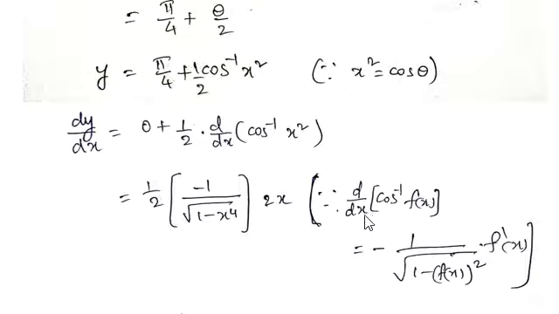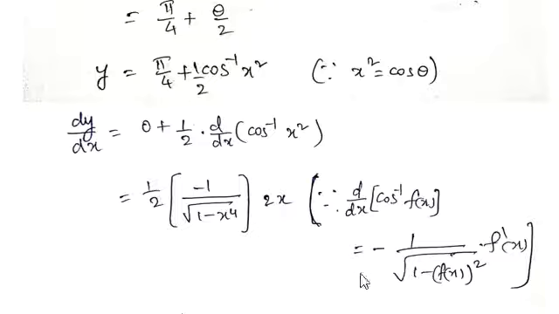So we know d by dx of cos inverse of f of x is minus of 1 by under root of 1 minus f of x whole square into f dash x. So f dash x means d by dx of f of x.